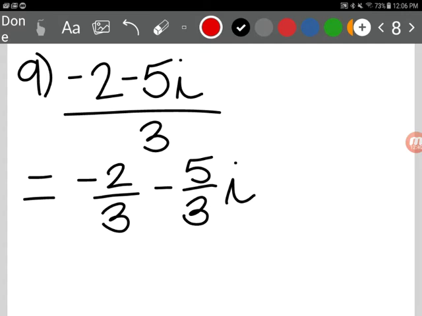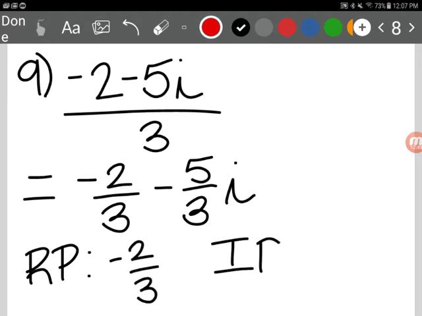So my real part is your a, which is -2 over 3. And your imaginary part is your b, which is just the number. Do not include that i. And also include the sign in front of 5 over 3, so it'll be -5 over 3. And that will be my imaginary part. And that is it.